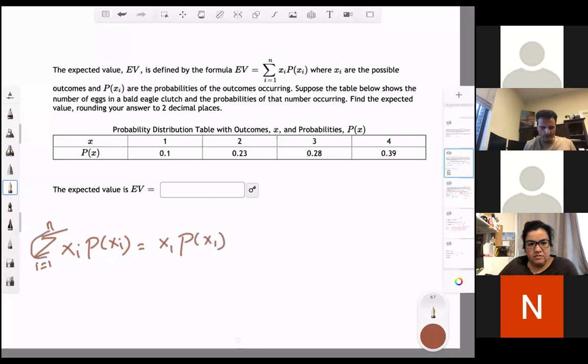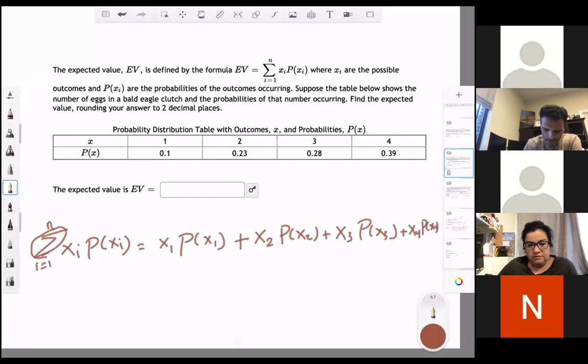The sigma notation is gone. Addition comes. Then I have x2 times p of x2 plus x3 times p of x3 plus x4 p of x4. And we stop at 4, correct? Because we have only 1 set, 2 set, 3 set, 4 set.